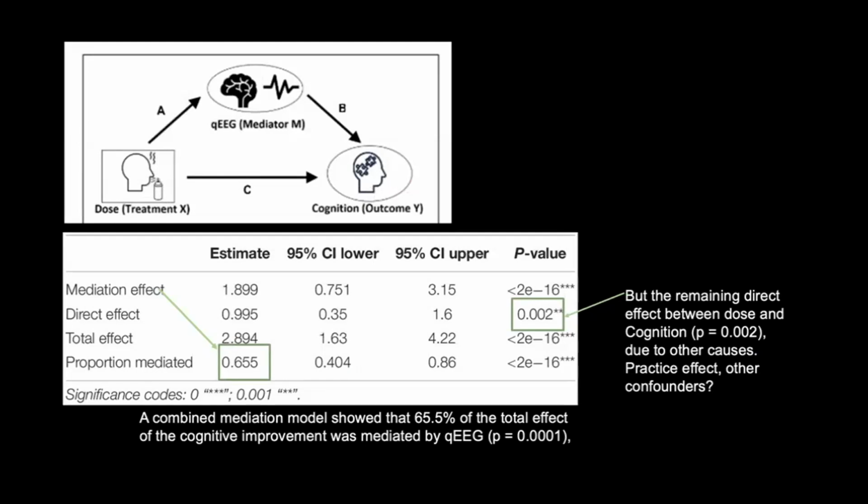Here at the top, you can see the treatment, the QEEG neural activity mediating the cognition, and this is the direct effect. In this case, it is less, could be 35%, and the mediation of the EEG is 65%.